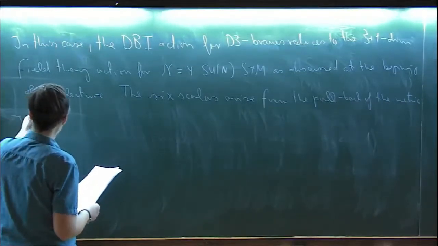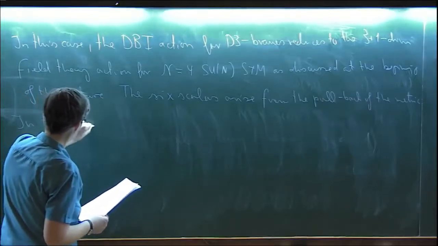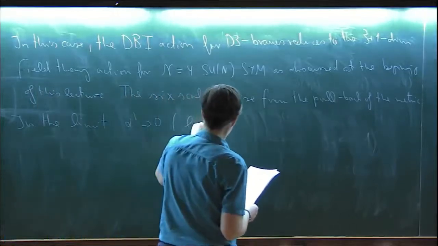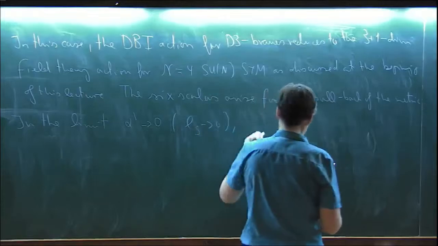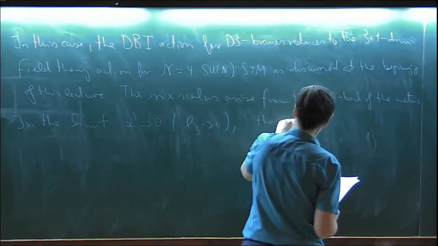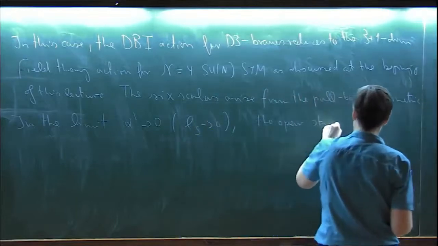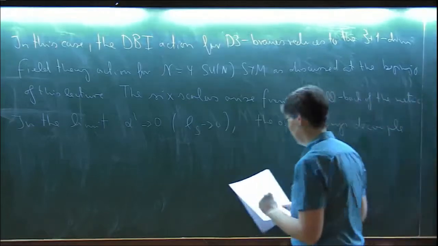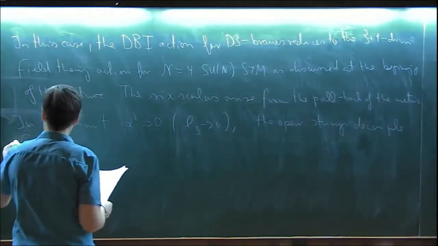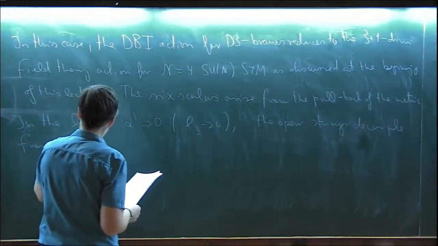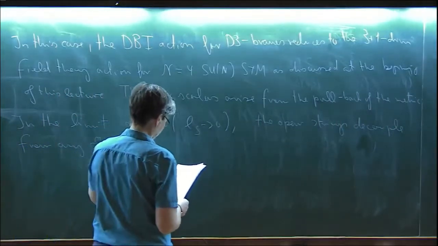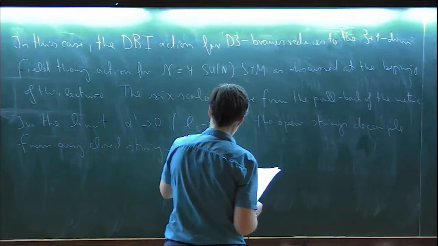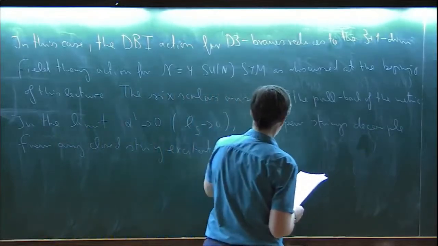So this means that in the limit when alpha prime goes to 0, which also means that the string length goes to 0, the open strings decouple from any closed strings which might be around, or closed string excitations, in the 10-dimensional space we started with.